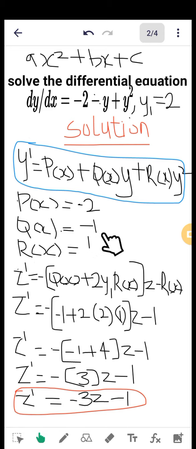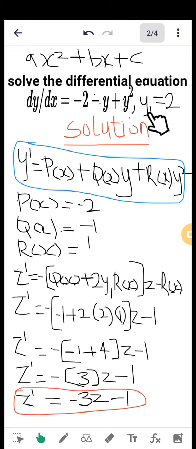By substituting the values of p of x, q of x and r of x, my z prime equals minus (-1 plus 2 multiplying y1).